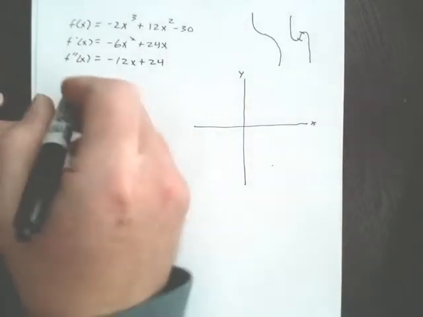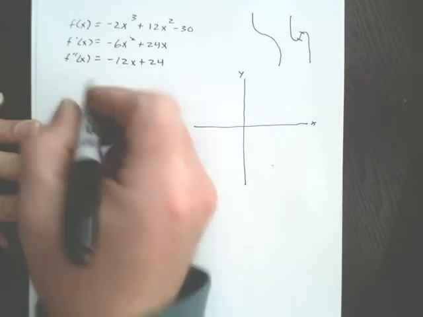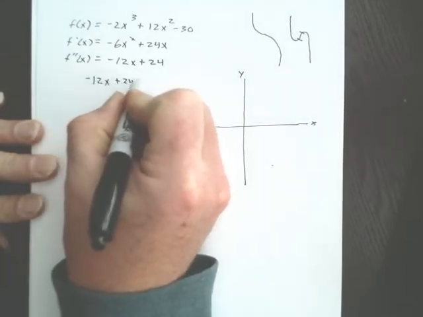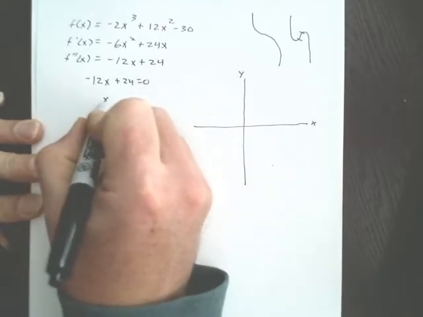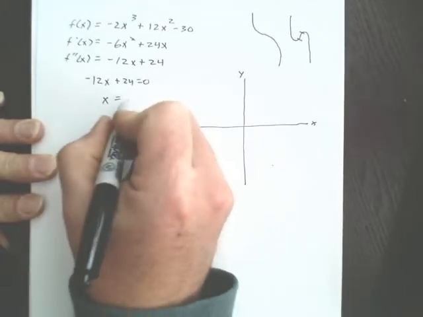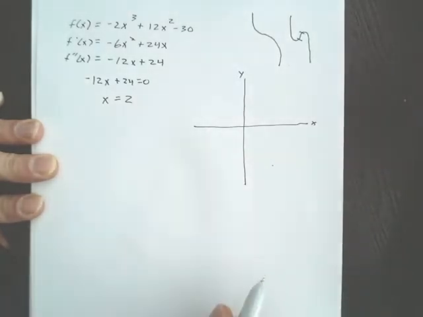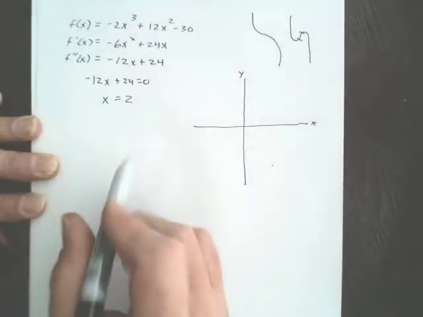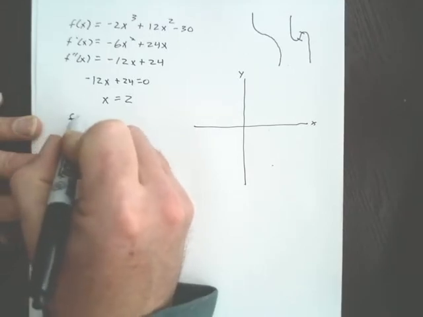We do that by setting the second derivative equal to 0. So negative 12x plus 24 equals 0. The x-coordinate of our inflection point is going to be 2. To find the y-coordinate, we plug that back into the original function and find f of 2.